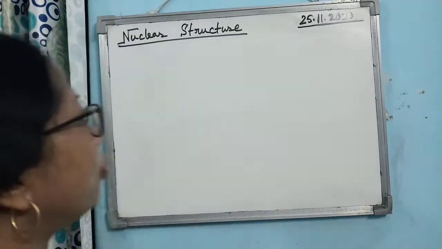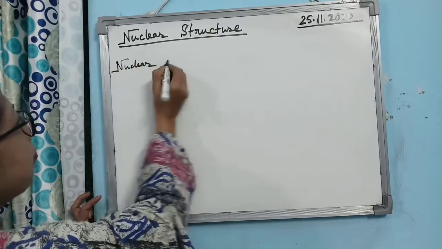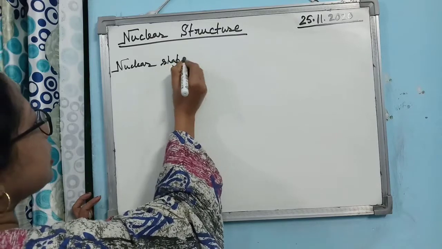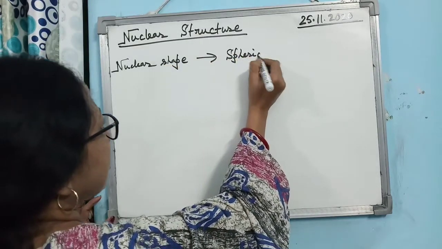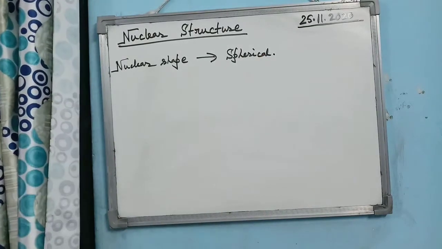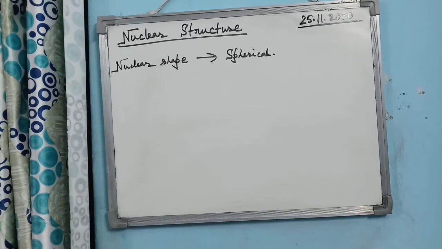Now we have to know about the nuclear shape. Generally we assume that the shape of the nucleus is spherical.